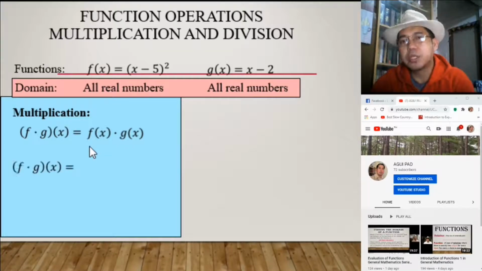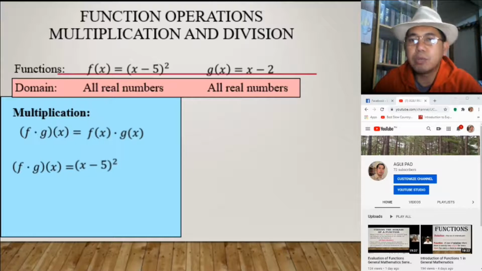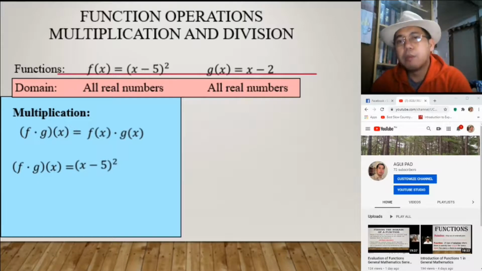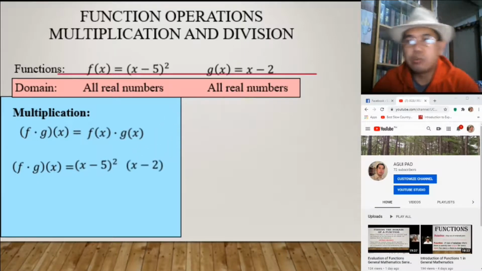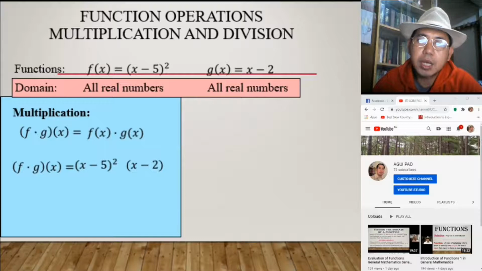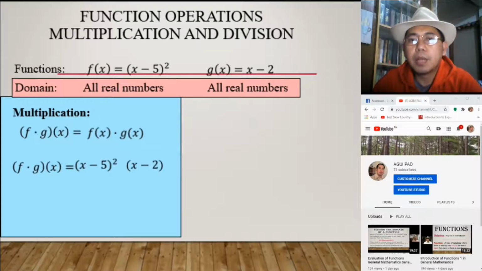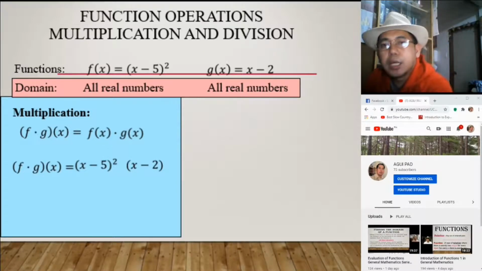So what is the definition of f of x? We have here the square of x minus 5 multiplied by the definition of g of x, which is x minus 2. Now, how are we going to get the result?